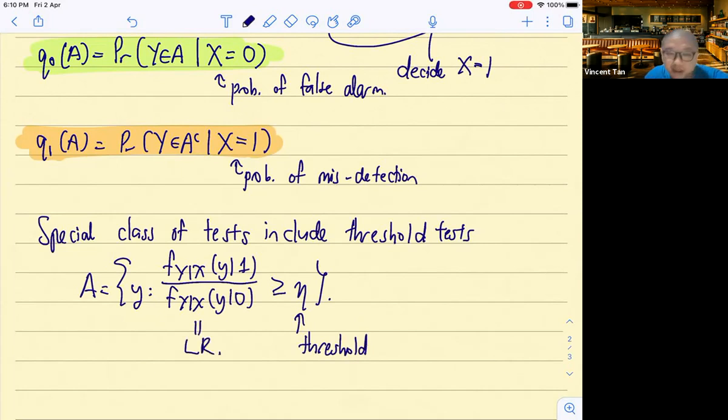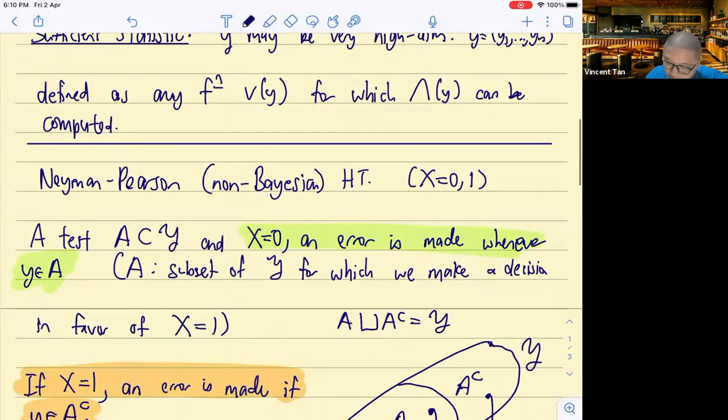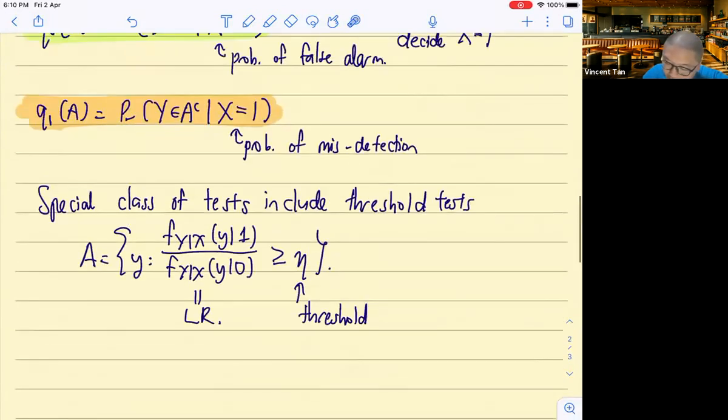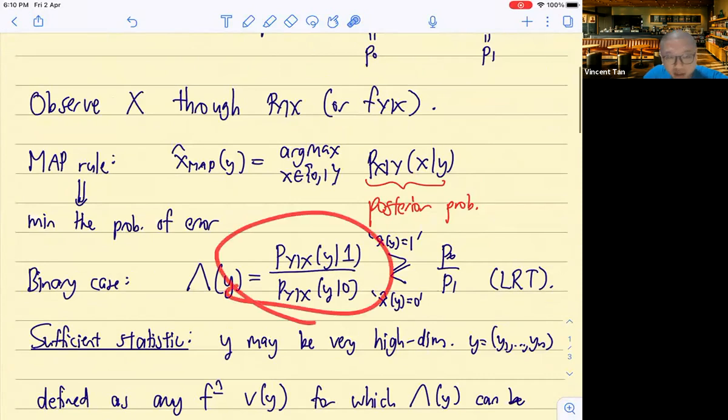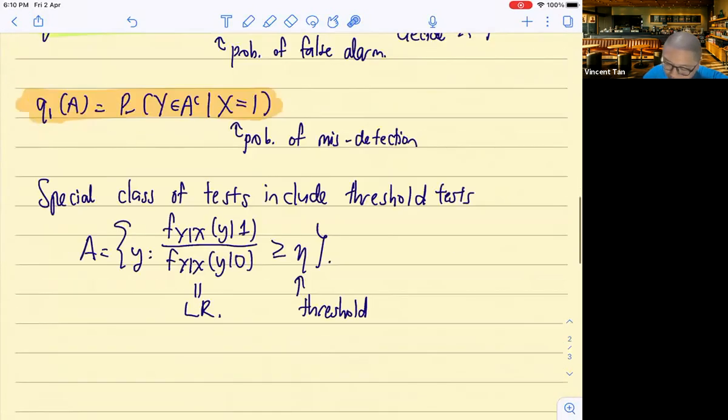So this is nothing but the likelihood ratio that we saw just now, but we wrote that in terms of P. Hopefully you're not confused. Basically, it's just how you saw it in terms of P, but now you're looking at it in terms of F, but they are roughly the same thing. So this is called the likelihood ratio, and it's given the name lambda of y. Okay, but this is a class of tests. This is a partition of the sample space. All right, this is a special class of tests.